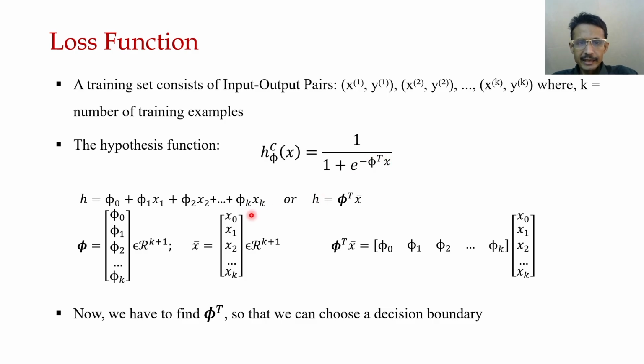Since there is a k-variate input instance, this is phi 0 plus phi 1 x1 plus phi 2 x2 and so on up to phi k xk, which in matrix format is phi transpose x bar. As you have also seen, this phi matrix and this x matrix are k plus 1 dimensional, and this is the equation. Now we have to find the phi such that we can have a very precise decision boundary. So that is the problem formulation.